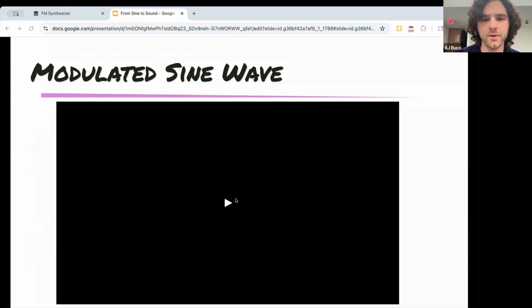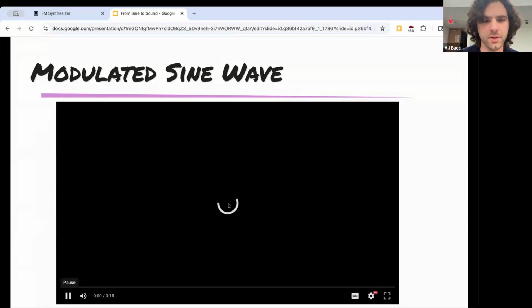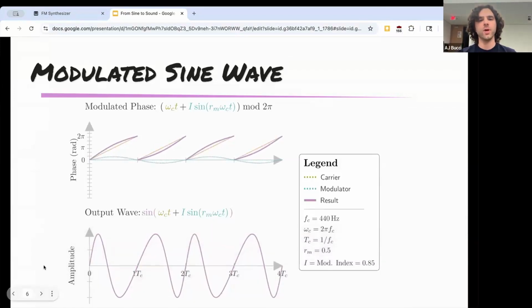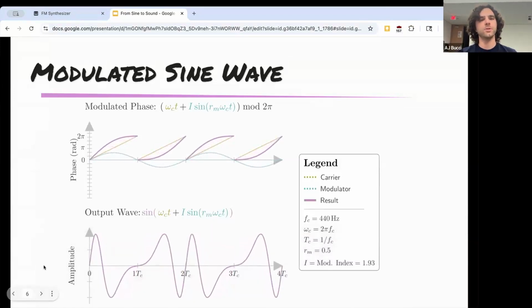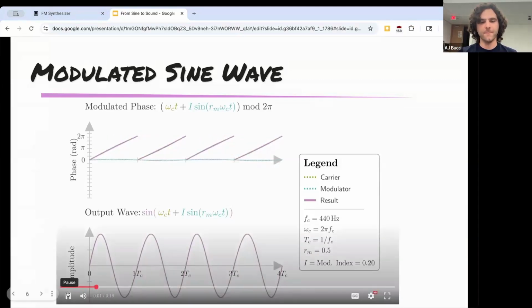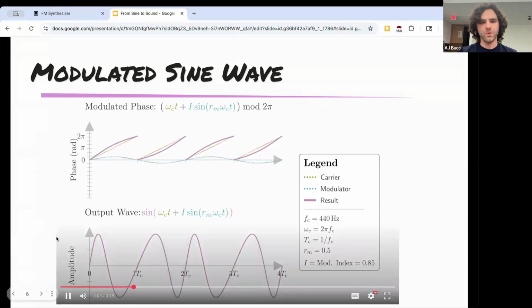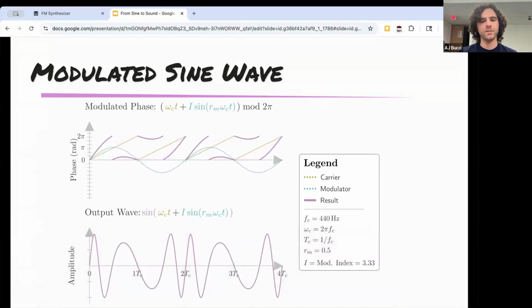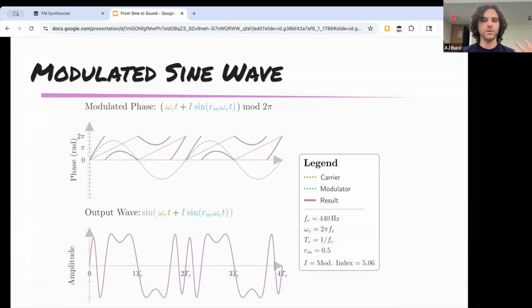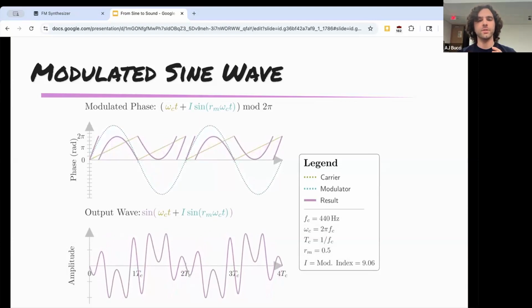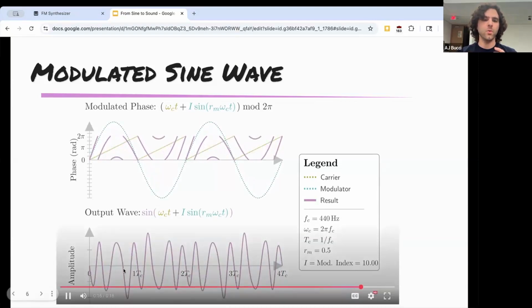All right. Here's an animation I made that kind of shows what happens as we increase the weight of the modulating wave. So some crazy stuff can happen. As that modulator overpowers the base phase, you start to get more and more high frequency wave shapes.